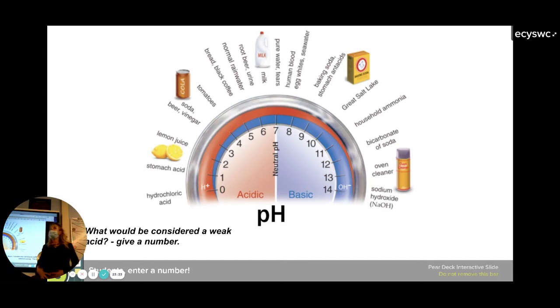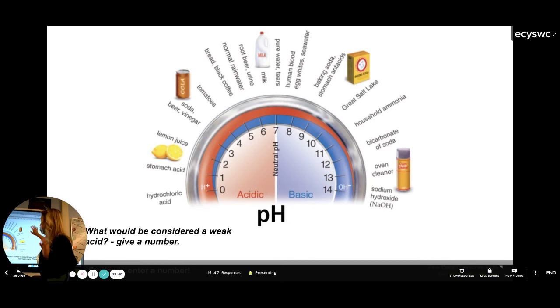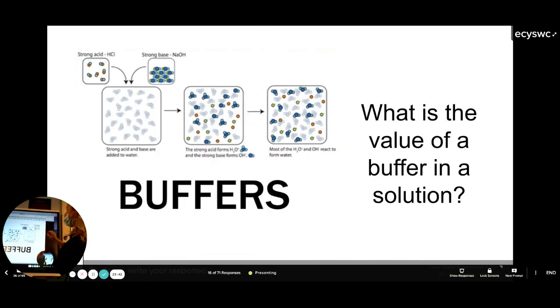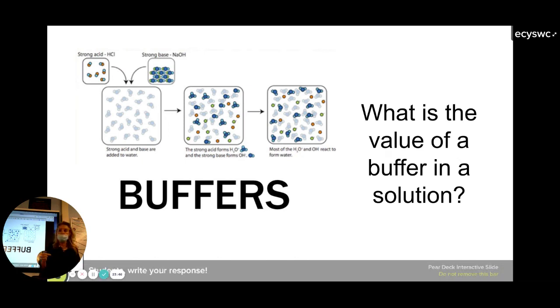Yes, because something that digests food in your stomach requires a very what? Low pH, acidic, right? So we have to have ways to protect our bodies to create the right pH in the right location. Now, next on that, what helps us in our bloodstream is buffers. Buffers can help keep our pH just right.